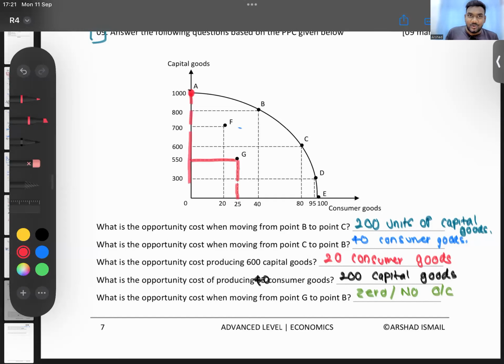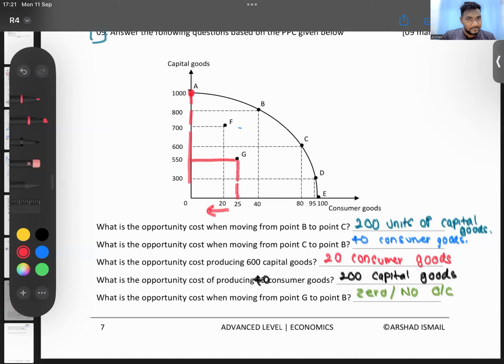Don't you think we definitely have to sacrifice this? When you're going from G to A, the 25 consumer goods that you are producing now has to definitely be sacrificed. Therefore, there is an opportunity cost.